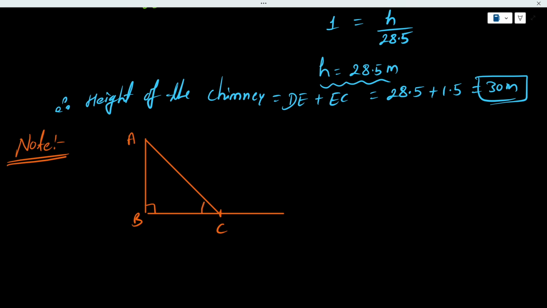So this angle is 60 degree. Now if you move from C to D, the angle changes to 30 degree, right? Now your line of sight is AD, and the horizontal line is BD, so this is 30 degree.